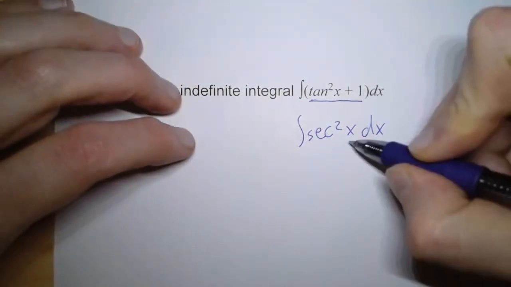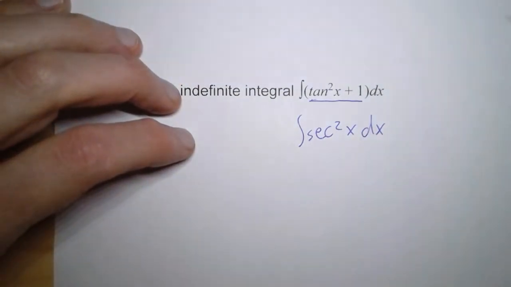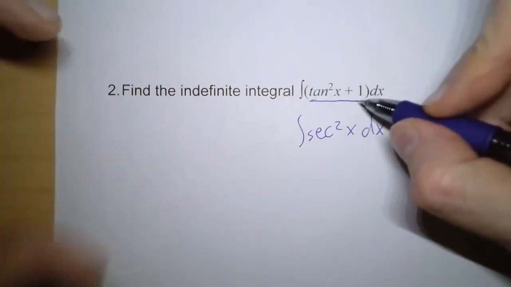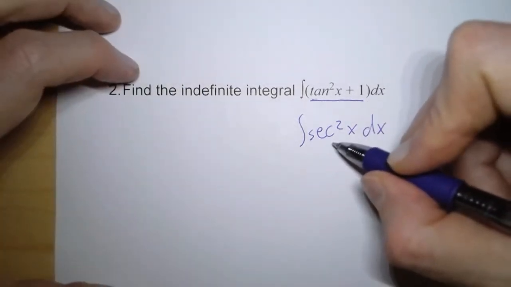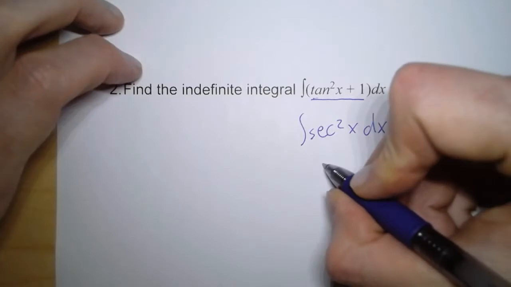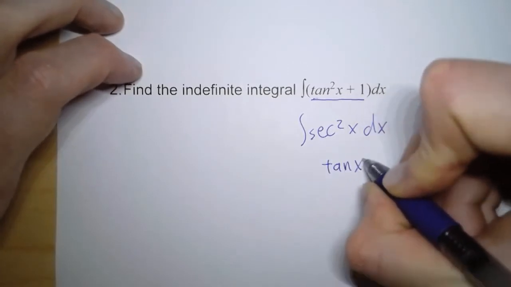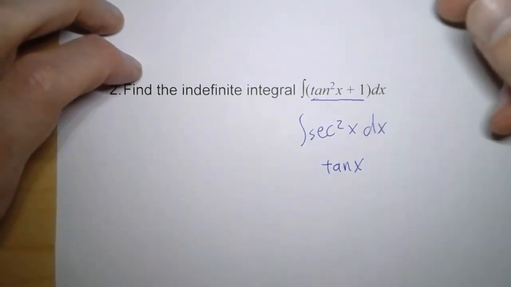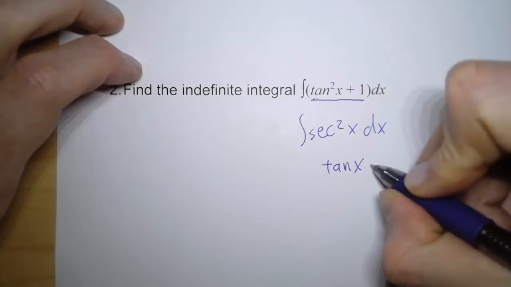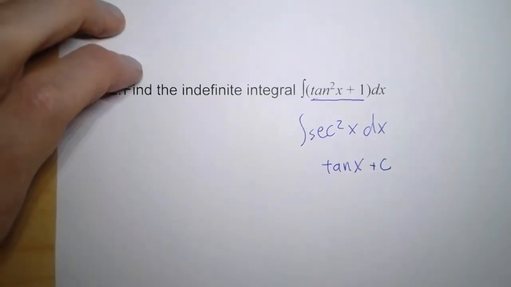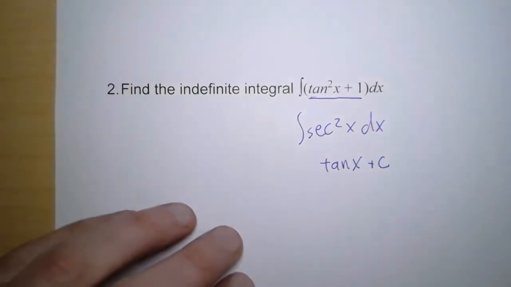And so we can just replace this with that. By doing that, we can say, wait a minute, what produces the secant squared as a derivative? Well, that is going to be tangent of x. And like the above one, we're going to remember that we include the constant. So it's tangent of x plus c.